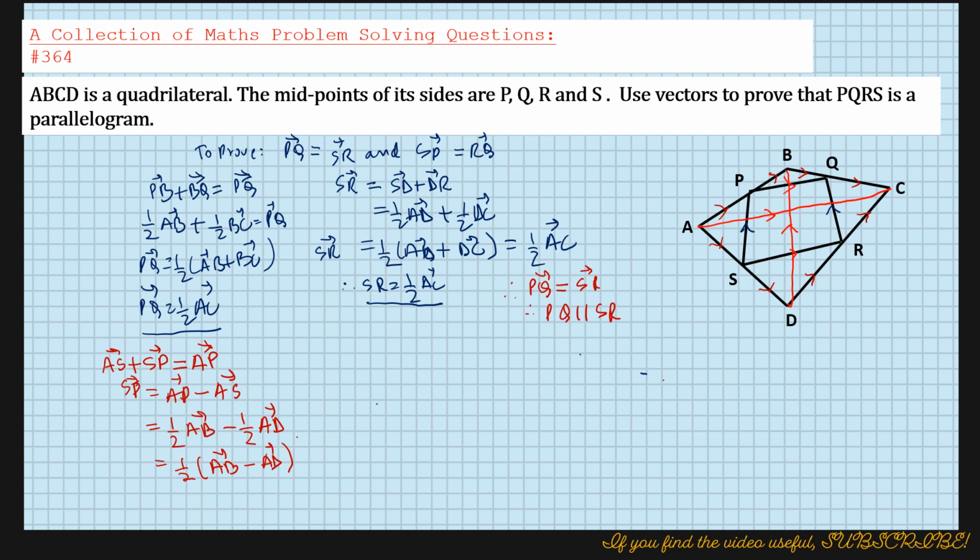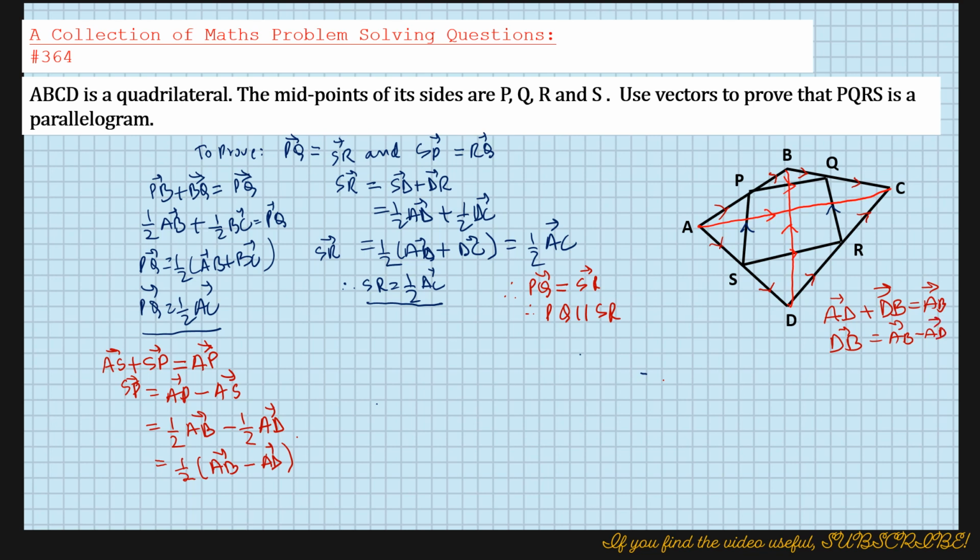If we write AD plus DB, A to D and D to B, that would equal AB, A to B. So we can write DB equals AB minus AD.